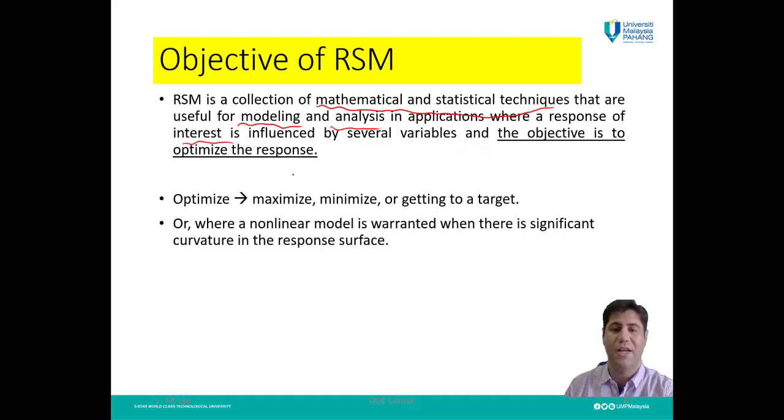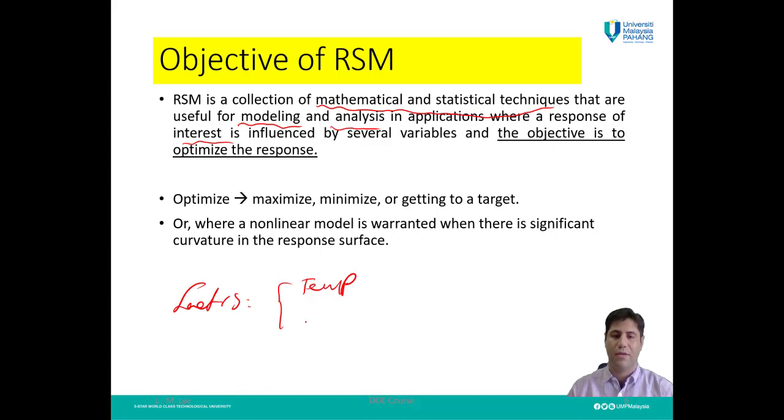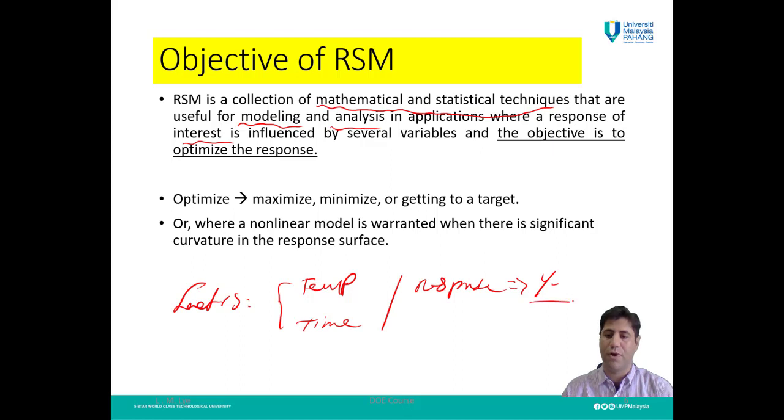So, in other words, simply saying, we have some factors. For example, we have a chemical process and we know we have two factors, for example, temperature and time, and the outcome of this process, or response, is the yield of that process, or y.